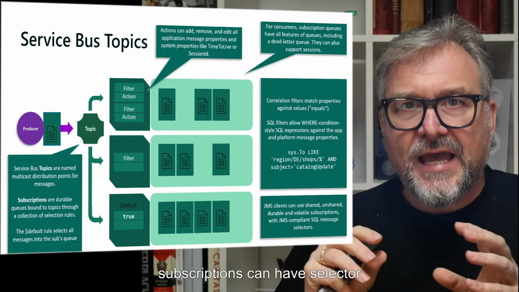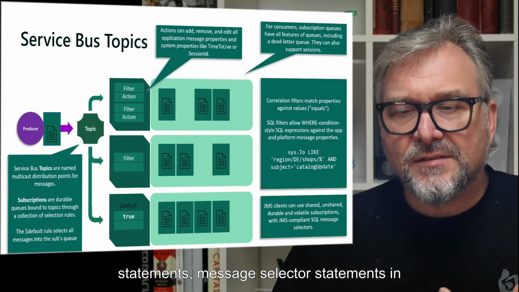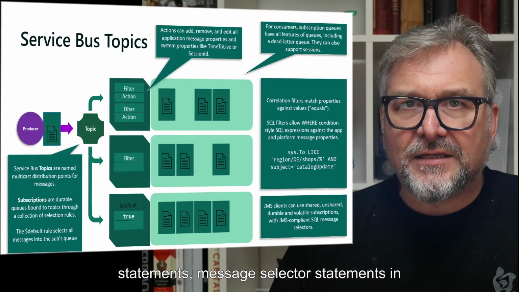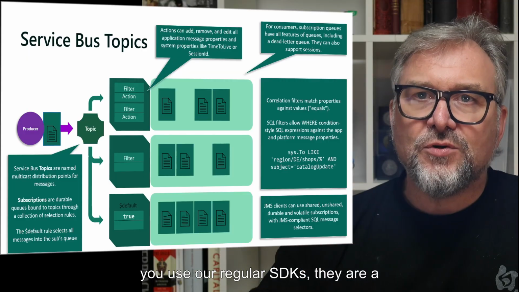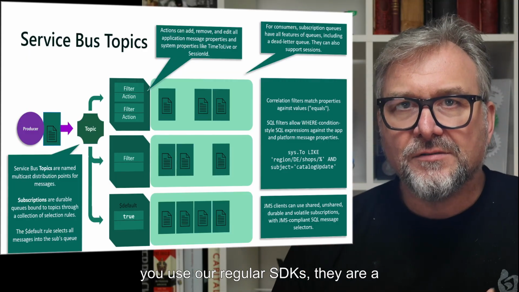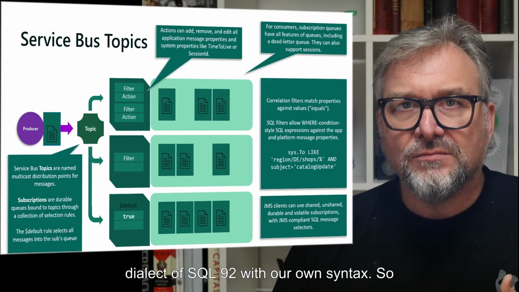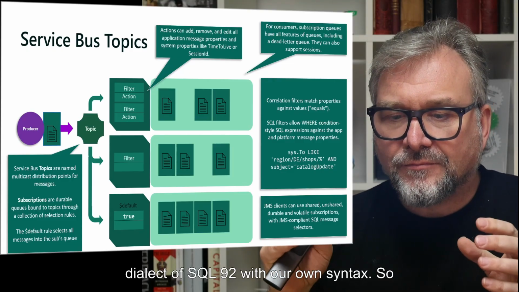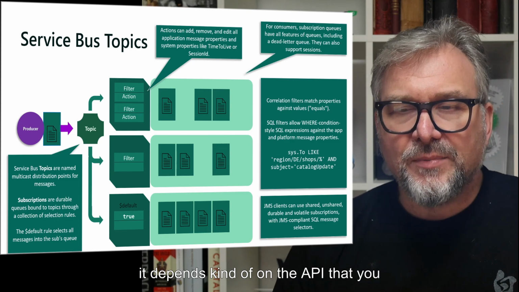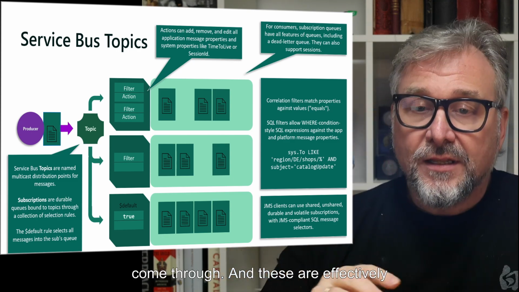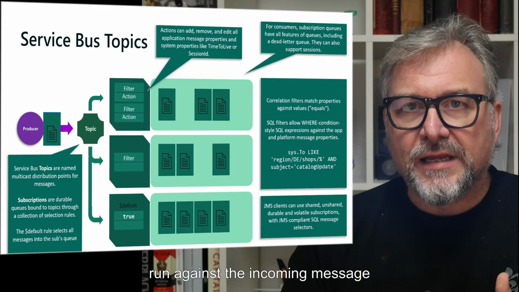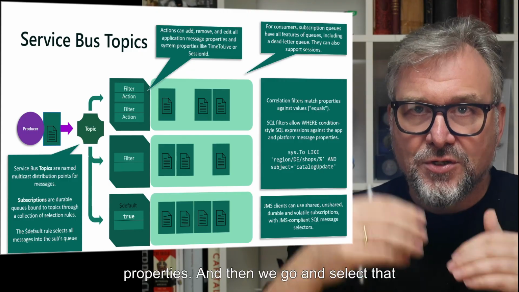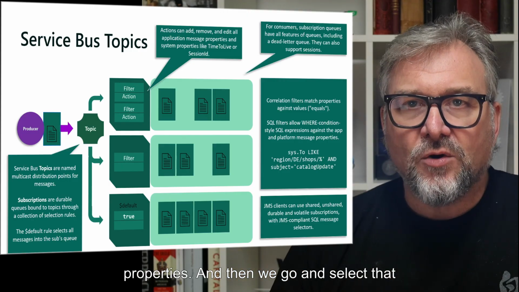The subscriptions can have selector statements, message selector statements in JMS parlance. If you use our regular SDKs, they're a dialect of SQL 92 with our own syntax. So it depends on the API that you come through. These are effectively WHERE conditions expressed in SQL that you run against the incoming message properties, and then we select that message.